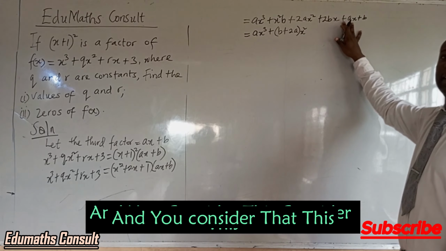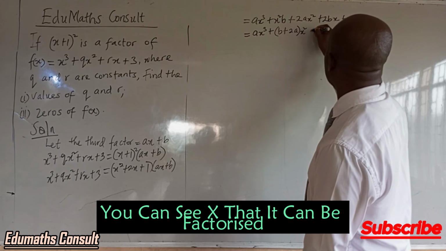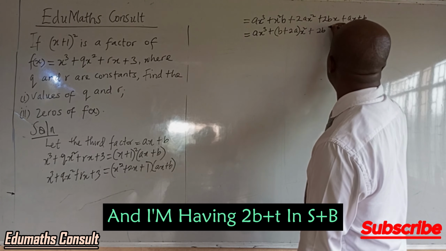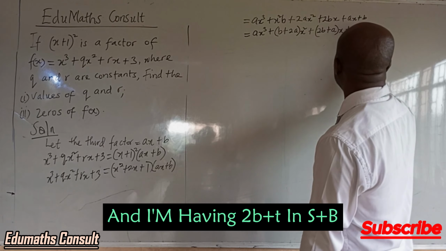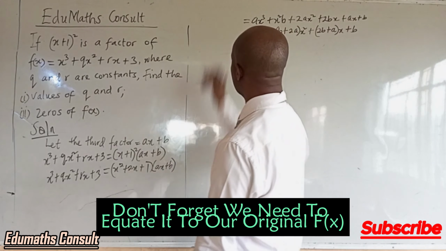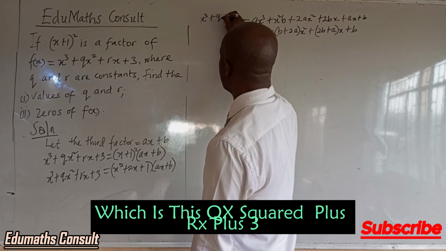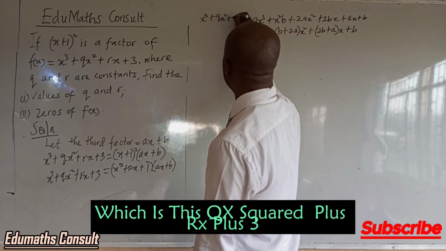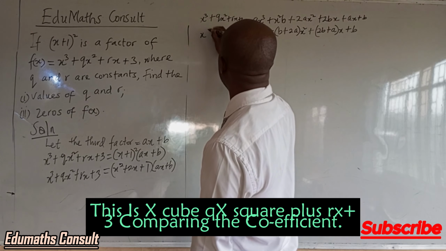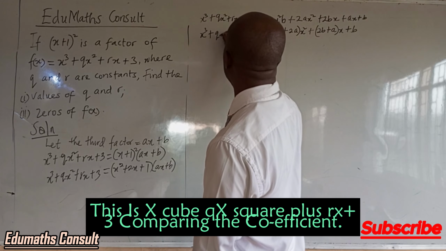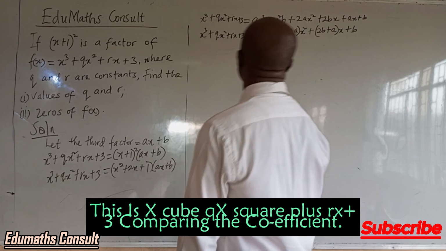Then you consider this, x can be factorized, then I have (2b + a)x, then plus b. Now don't forget we need to equate it to our original f(x), which is x³ + qx² + rx + 3.